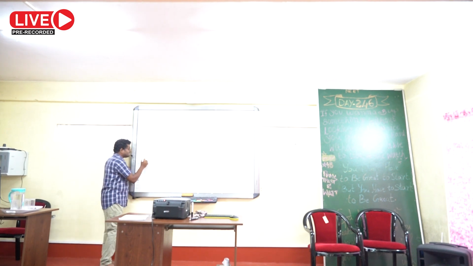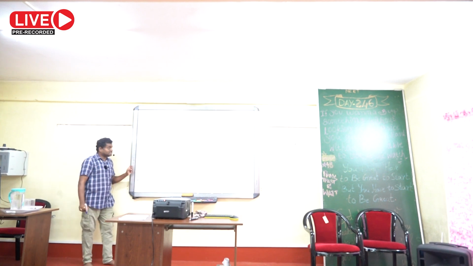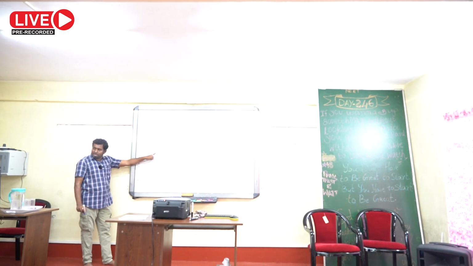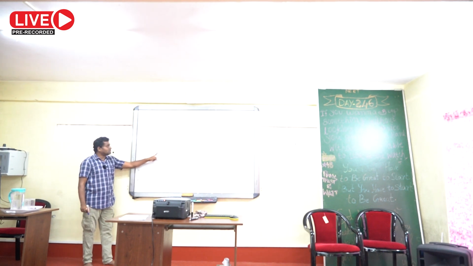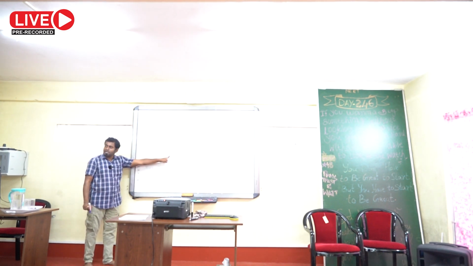So first, the concept of moment of inertia, we will also discuss this one. M1 R1 square plus M2 R2 square. This is one equation. Then we have two more equations. One is R1 plus R2 should be equal to L. And since this point is taken as center of mass, M1 R1 will be equal to M2 R2.